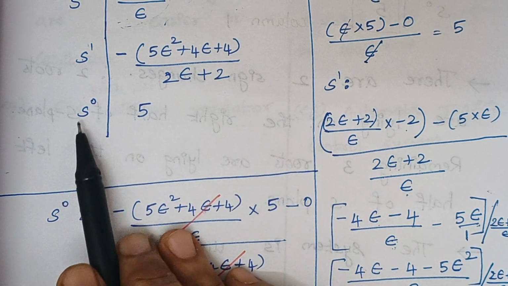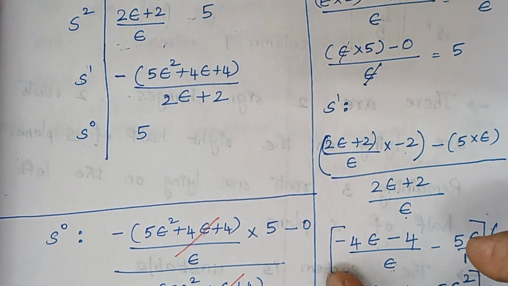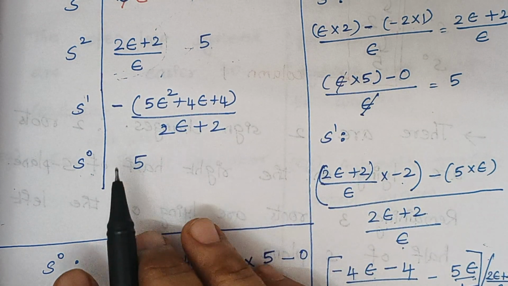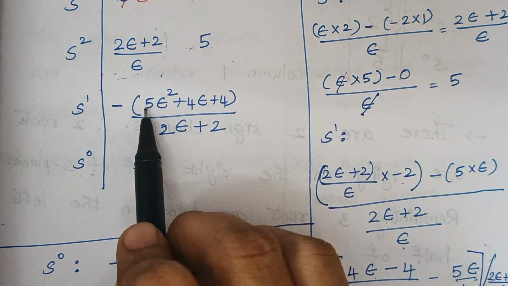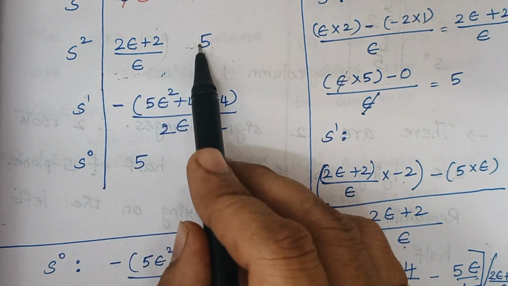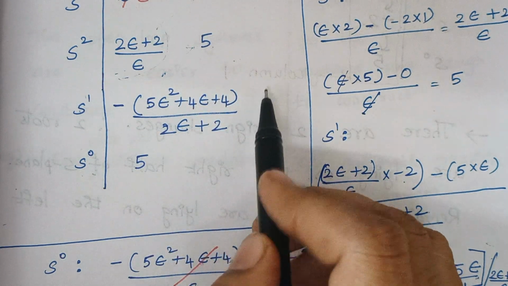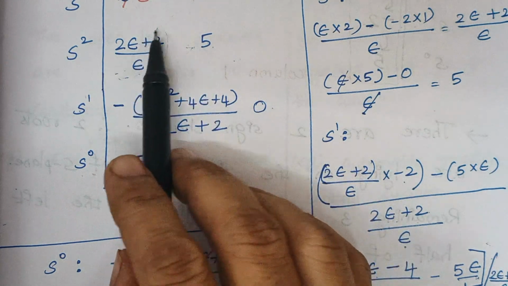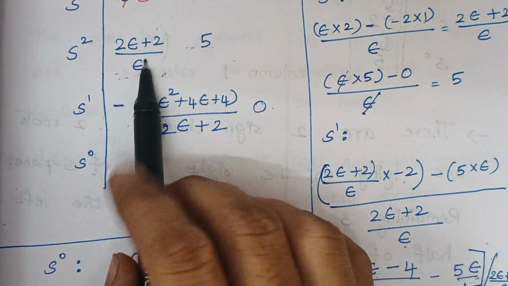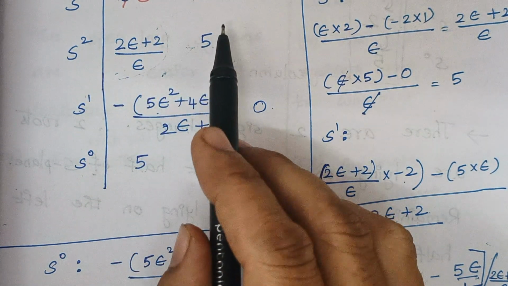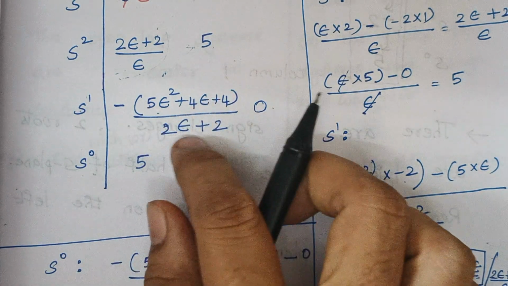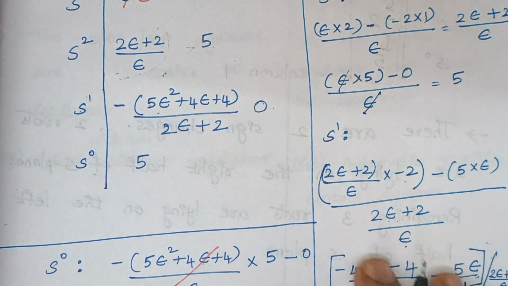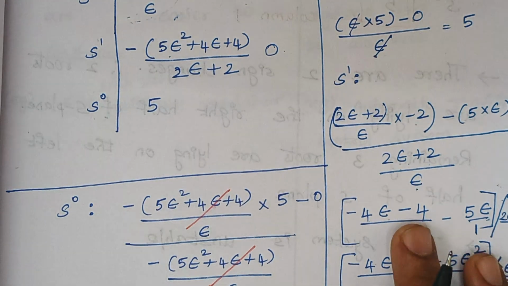And finally we have to find s to the power 0. So to find s to the power 0, again as usual, this term gets multiplied with 5, and here there is no second term, so here we can take it as 0. So 0 into 2 epsilon plus 2 by epsilon is 0. So this term is multiplied by 5 and again divided by, here the corner element is this term again. You see, I had written here.